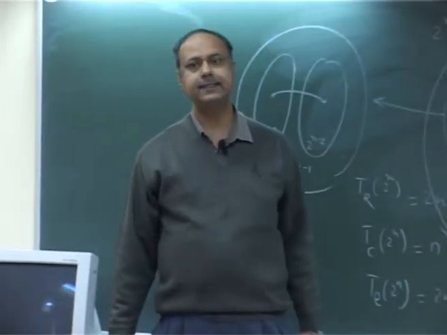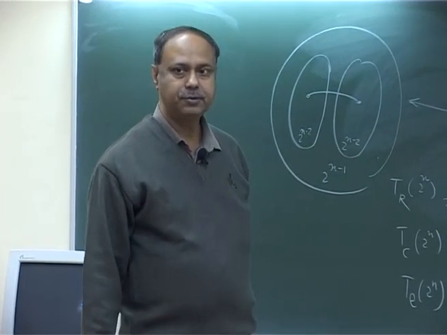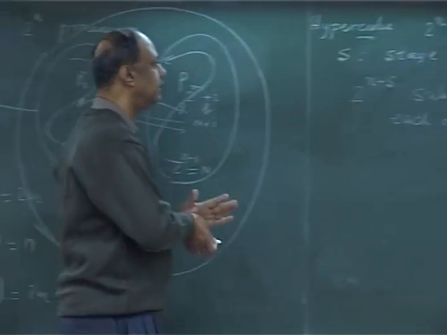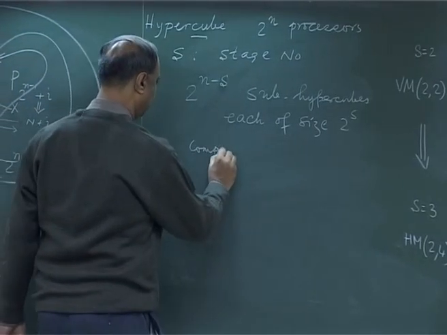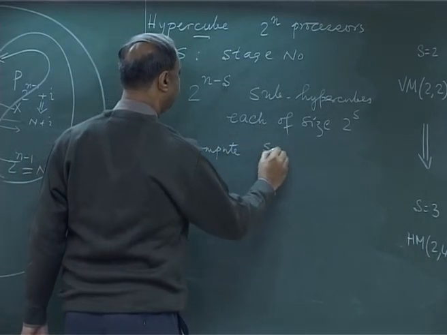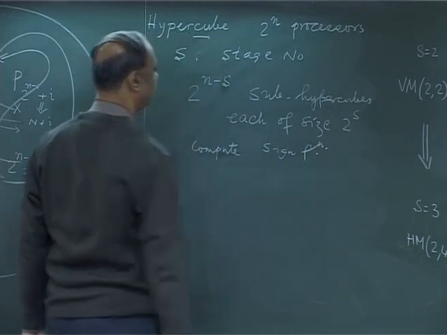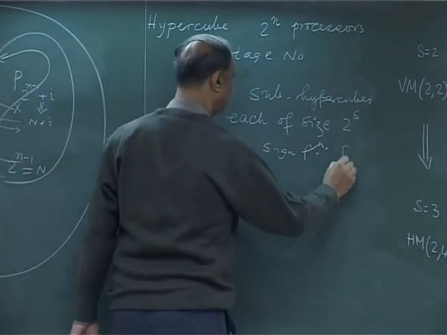At the sth stage, you assume that there are 2 to the power n minus s sub hypercubes, each of size 2 to the power s, and compute the sign function for each sub hypercube.